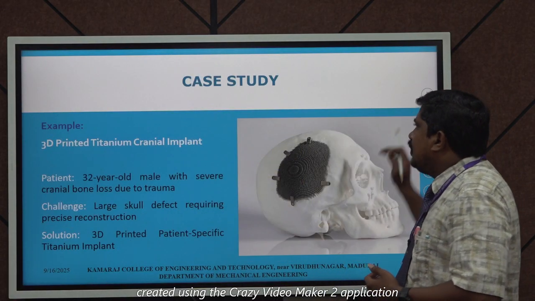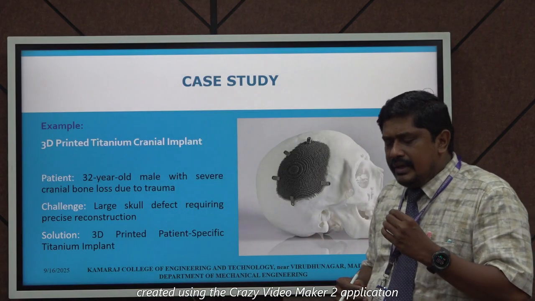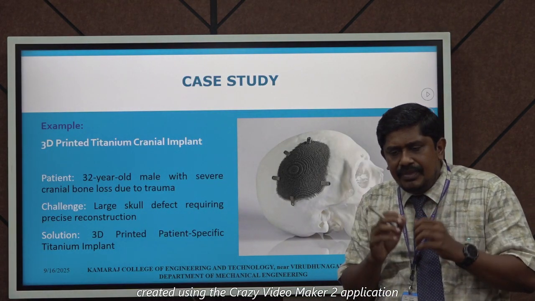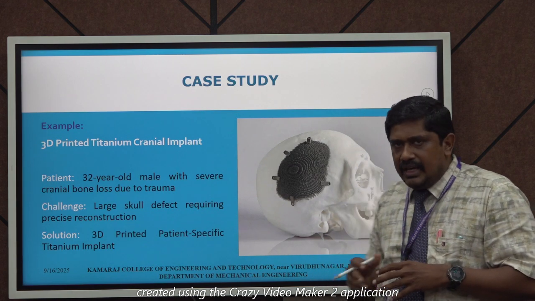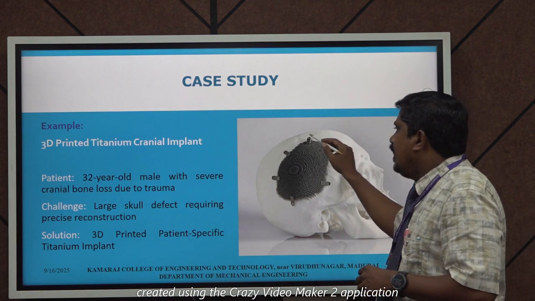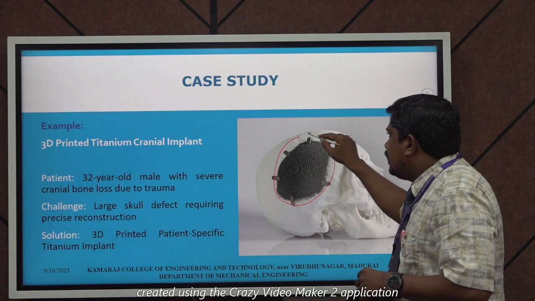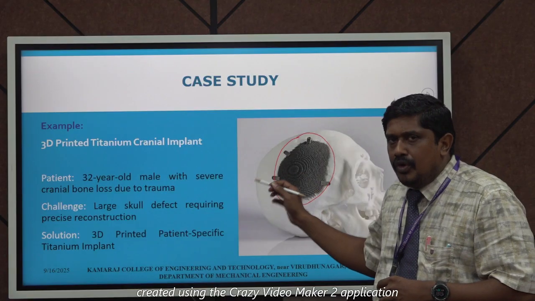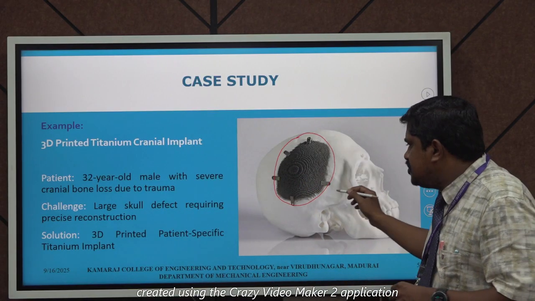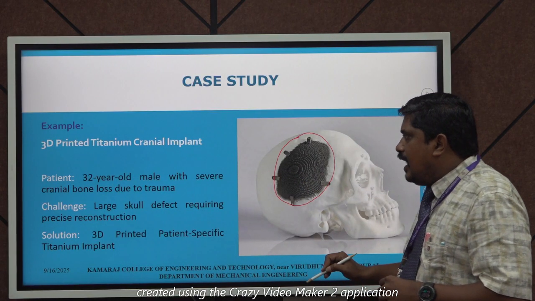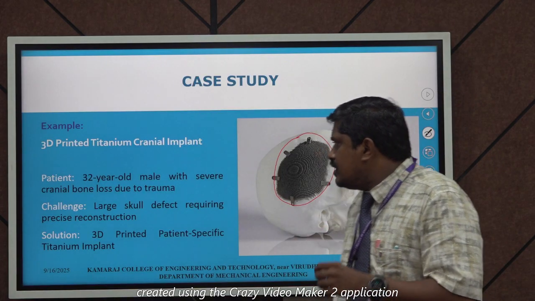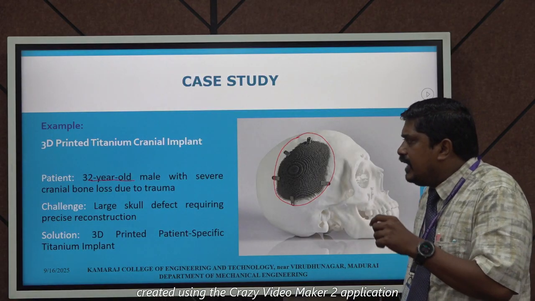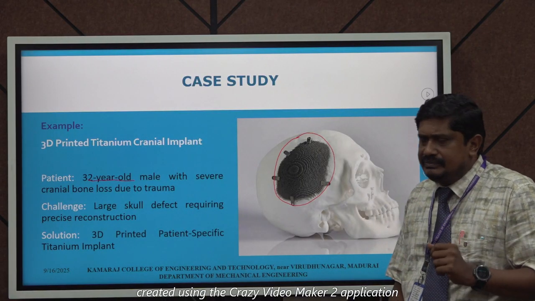Next we go to the real-time case study, which is a 3D printed titanium cranial implant. Actually, the patient suffered a cranial bone issue. This is a highly critical surgery nowadays, and the patient is a 32 year old man with severe chronic bone loss due to trauma.